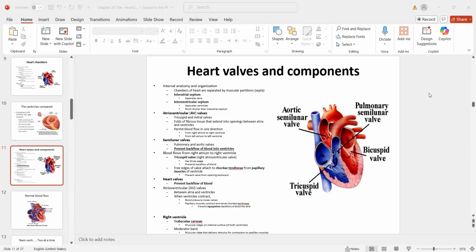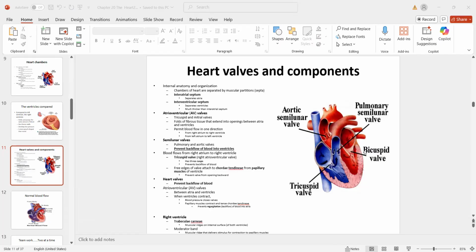The cardiac skeleton stabilizes the positions of these valves. The two atrioventricular valves, called tricuspid and mitral (bicuspid), are folds of fibrous tissue that extend into the opening between the atria and ventricles.